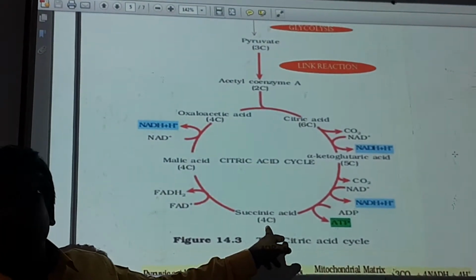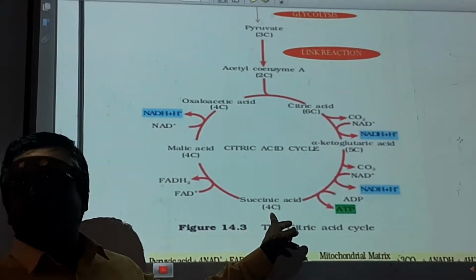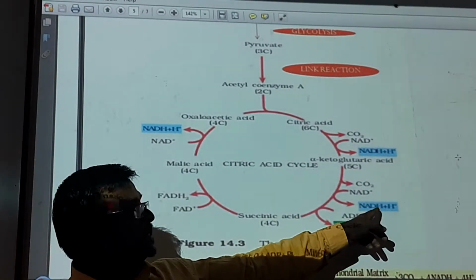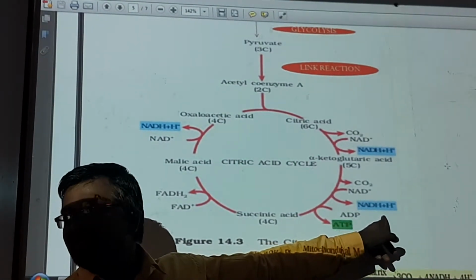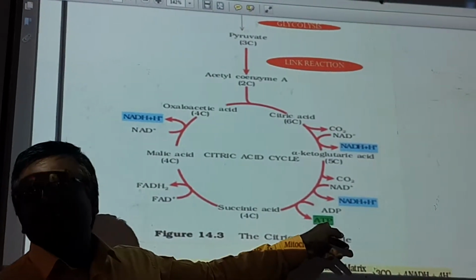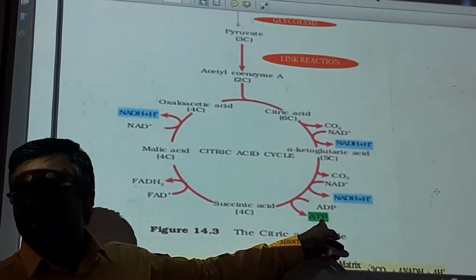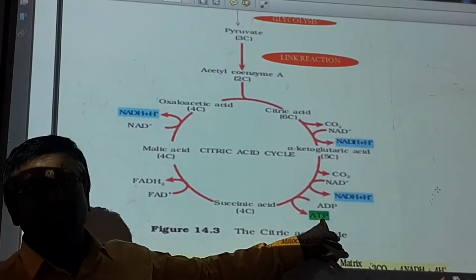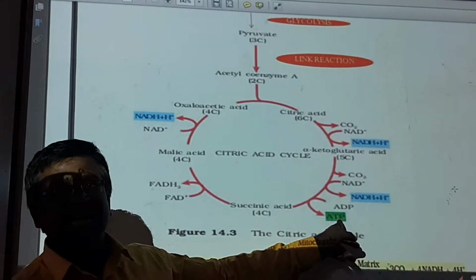So from 5 carbon to 4 carbon, they lose 1 carbon dioxide. During this process there is also synthesis of NADH2 and also synthesis of ATP. Rather, it should be GTP. They have not given it so that you don't get confused. They have diluted the cycle itself.